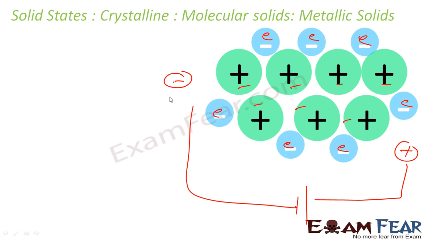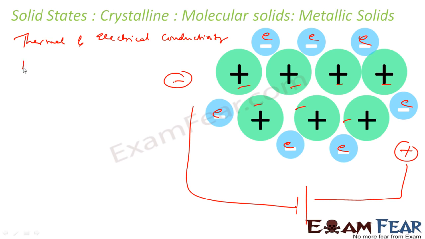When heat is applied on one side, thermal energy is uniformly spread by these free electrons. So these electrons are responsible for both electrical and thermal conductivity.